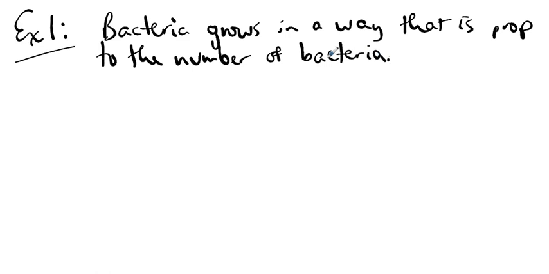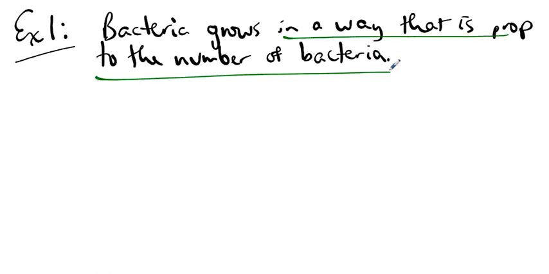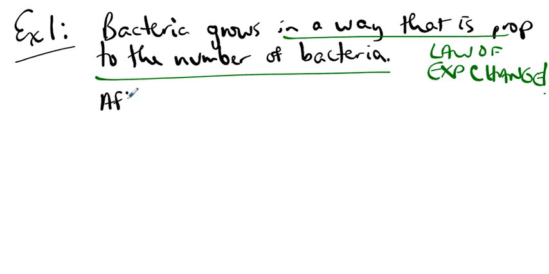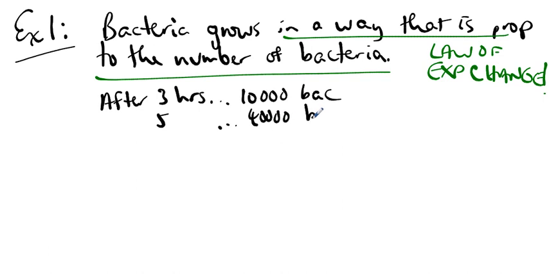Well, this language is a dead giveaway for the law of exponential change. It's a dead giveaway. After 3 hours, there are 10,000 bacteria. After 5 hours, there are 40,000 bacteria. I want to know how many there are after 6 hours.